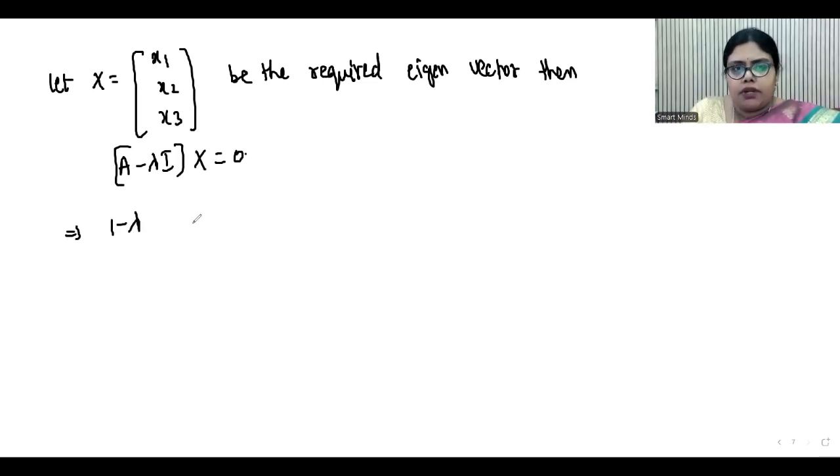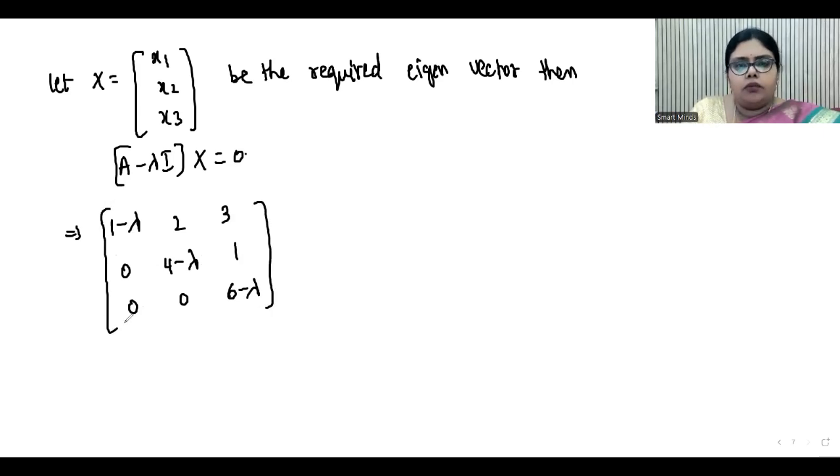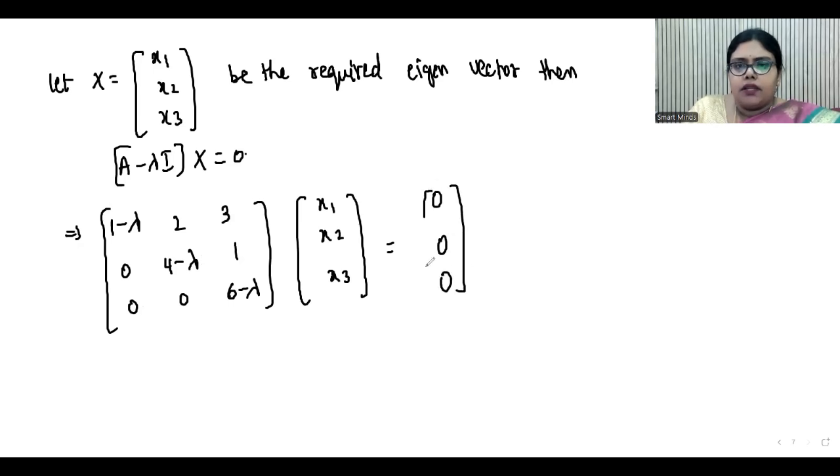It is 1 minus lambda, 2, 3; 0, 4 minus lambda, 1; 0, 0, 6 minus lambda, into x1, x2, x3, equals 0, 0, 0. Take this as equation number 1.